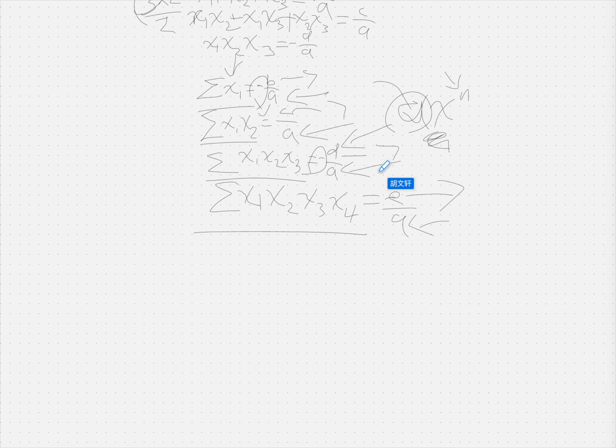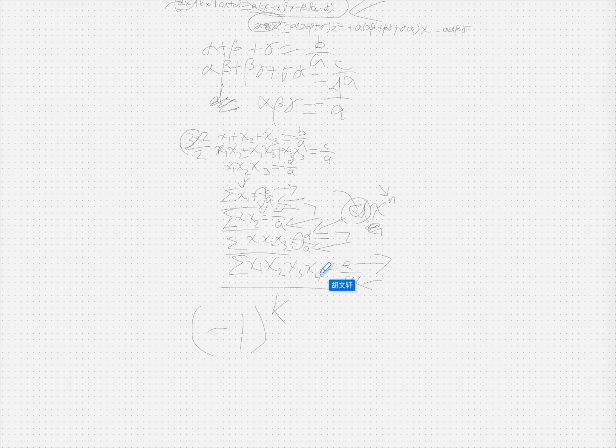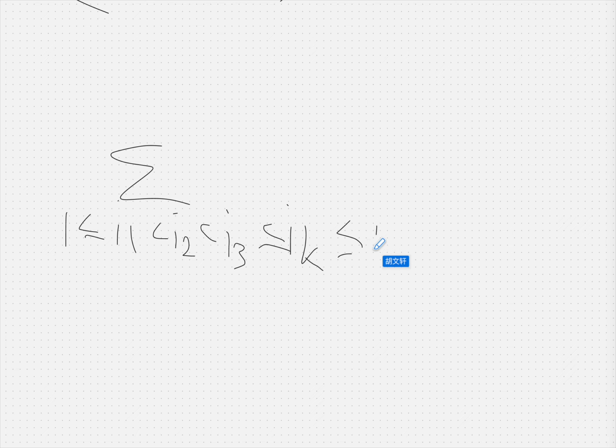So this is going to be negative 1 to the power of k, for k roots multiplied. In the end, it's always going to be negative because you have negative a over b. Sorry. So that's it. You expand it and then you find the roots. The sum of roots to be multiplied can be written as sigma over 1 smaller than or equal to i1, smaller than i2, smaller than i3, up to smaller than ik, smaller than or equal to n.